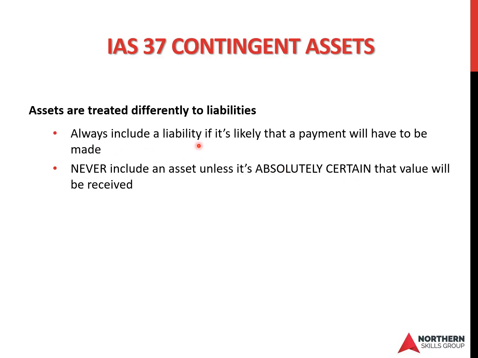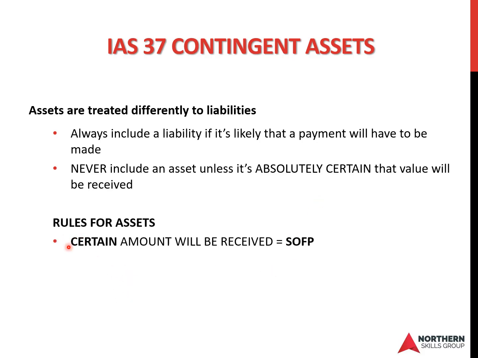In the case of a liability, it's included if it's more likely than not that a payment will be made, we need to include the liability. But that's not the same for an asset. We only include an asset if it's absolutely certain, without doubt, that an amount will be received.